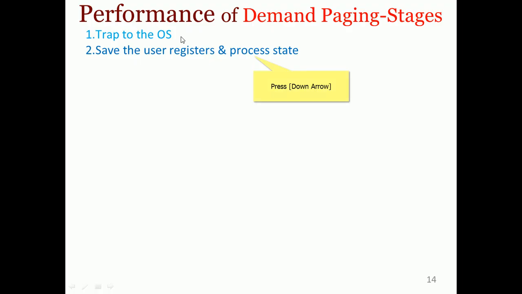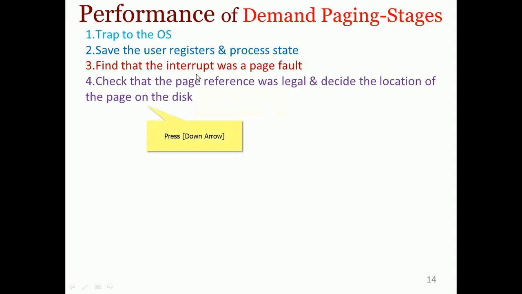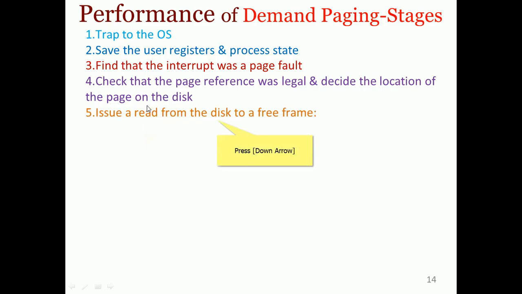Performance of demand paging. Trap to the operating system, save the user registers and process state. Find that the interrupt was a page fault. Check that the page reference was legal and decide the location of the page on the disk. Issue a read from the disk to a free frame.